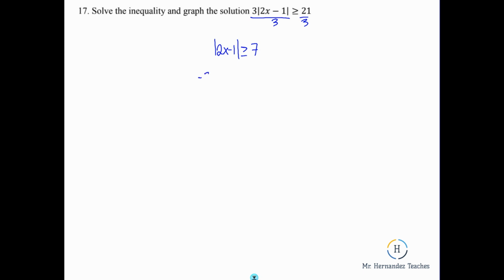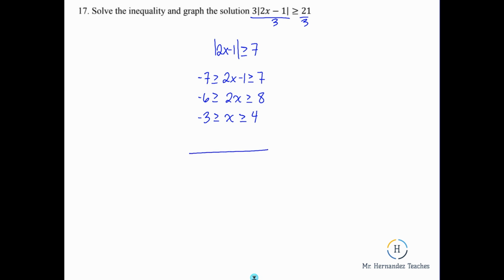Split it up, so negative 7 is greater than or equal to 2x minus 1, which is greater than or equal to positive 7. Add 1 to every side, so negative 6 is greater than or equal to 2x greater than or equal to 8. And then divide by 2. So negative 3 is greater than or equal to x, which is greater than or equal to 4.